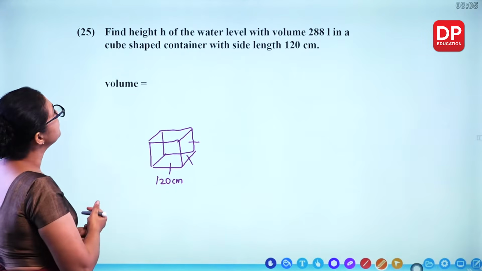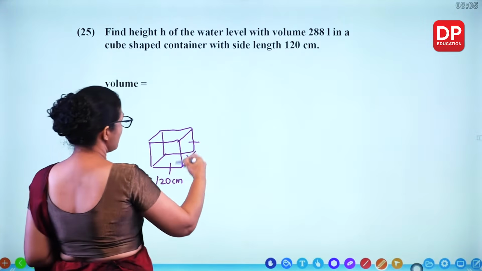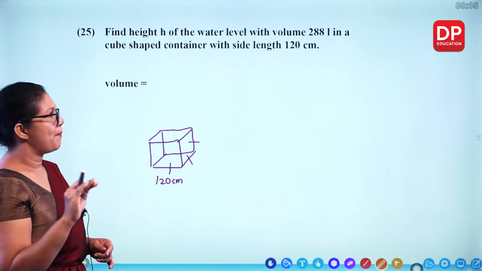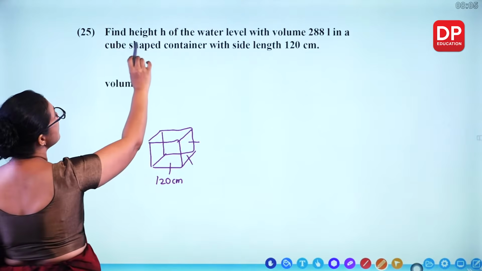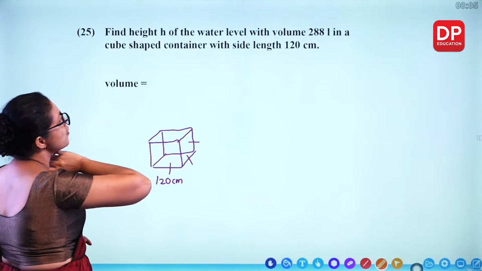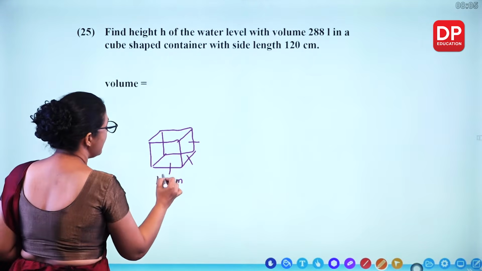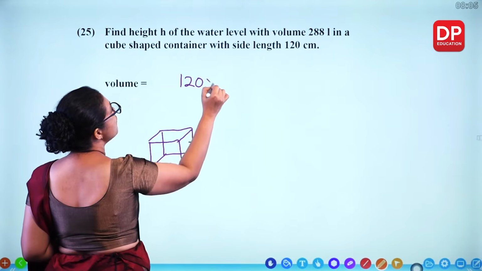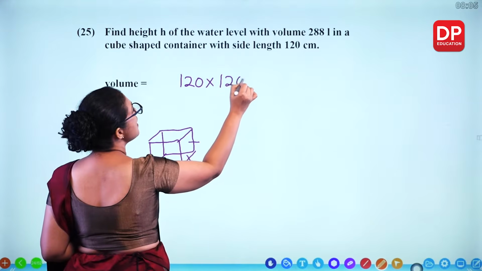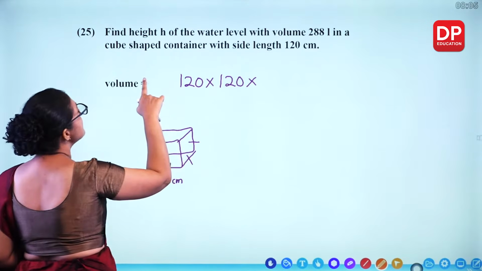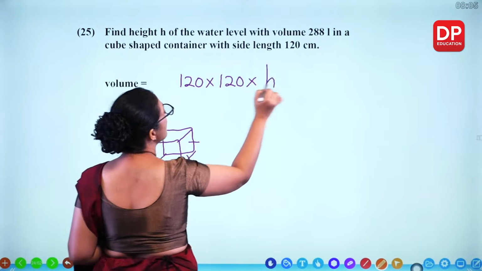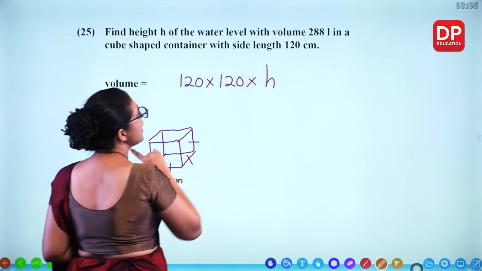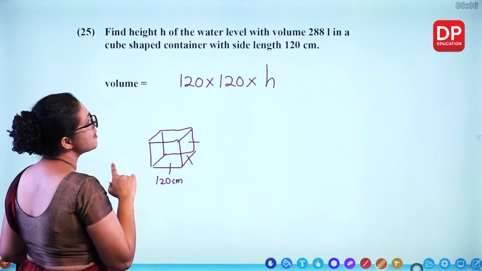Volume is 120, 120, 120. But this is not about capacity. So the water level height is h. So length is 120 and width is 120, but the water level is h. This is in cubic centimeters.